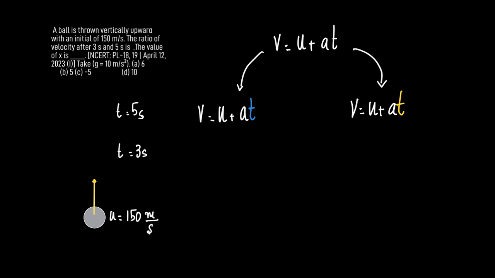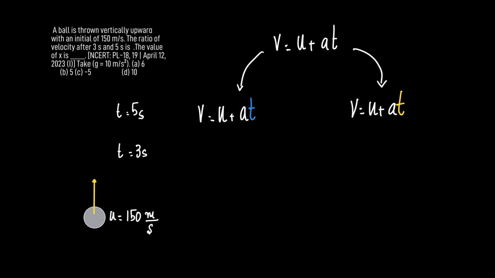Now, when an object is projected from the ground upwards with a velocity u equal to 150 meter per second, we can write the equations of motion. The first equation of motion is v equals u plus at, right? And we have two instances of time here, 3 seconds and 5 seconds.